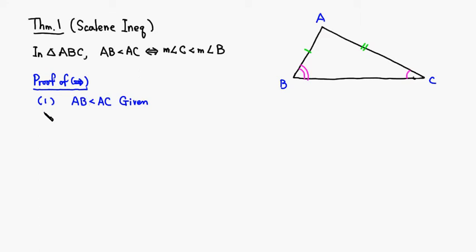Then 2. Since AC is longer, we can always chop it down so that it matches AB. So there exists, or we can say construct, a point D on AC such that AB matches AD.